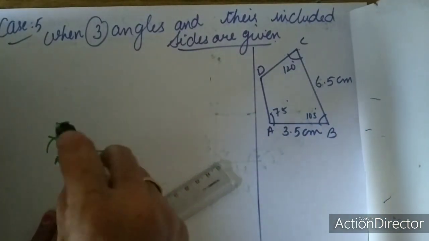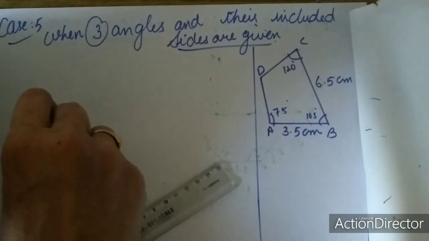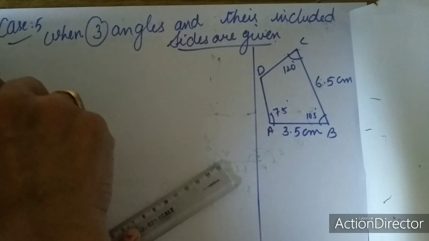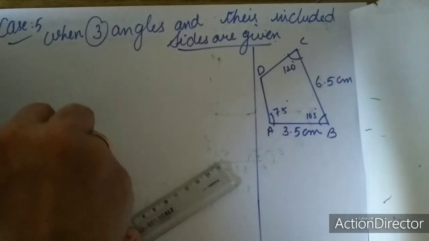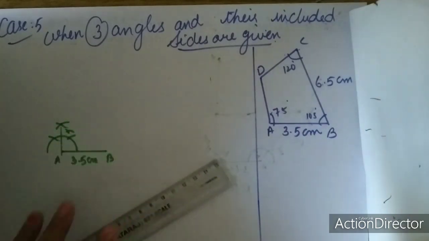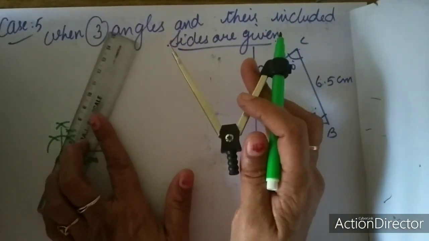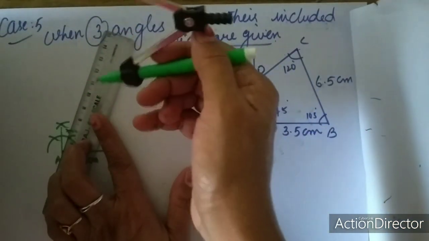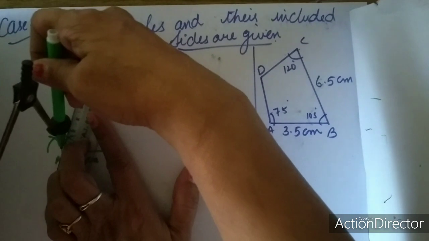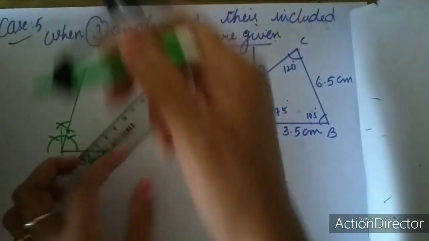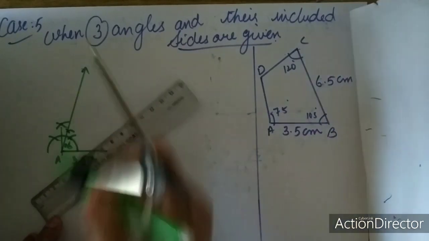So I have to bisect these two, that is 60 degree angle. Always you take more than half. So you have to draw a ray AX of 75 degree. So this ray AX is 75 degree.